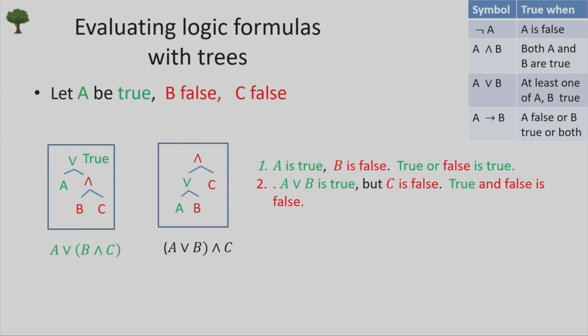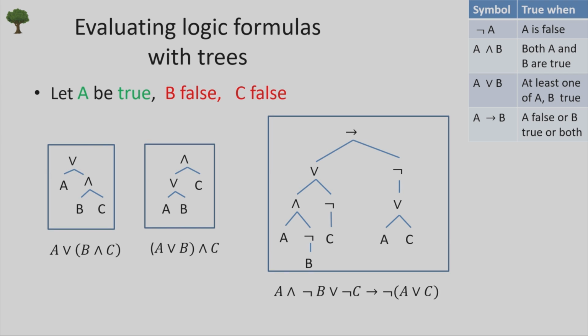So true and false is false, so the whole thing is false. So you see that the whole formula becomes false. This is yet another proof that those two formulas are not the same, because you plug in the same values for A, B, and C, and in one case you end up with a true, in the other case you end up with a false.